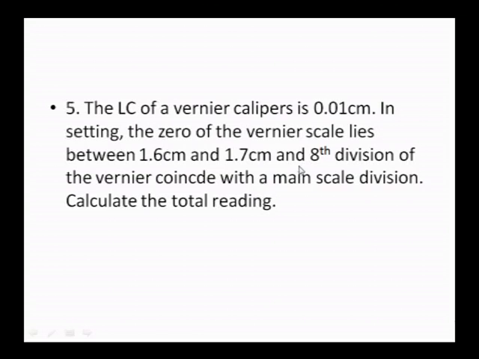Here it says that when the object is gripped between the fixed jaw and the movable jaw, the 0th division of the vernier scale lies between 1.6 centimeter and 1.7 centimeter.